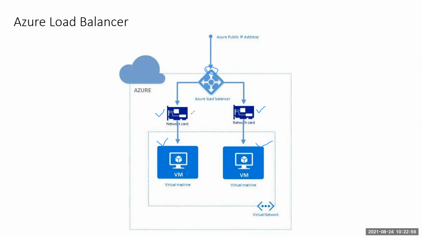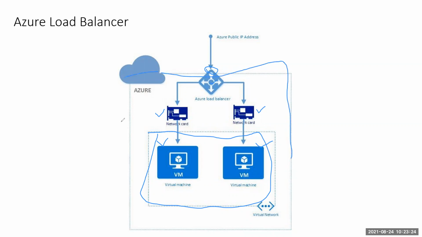So those network adapters will be connected to the load balancer, and the load balancer will not sit inside the VNet. This is the VNet. If you see, it is not sitting inside. The load balancer is not sitting inside the VNet and it is sitting outside in Azure. It is inside Azure, but it is not sitting inside the VNet.